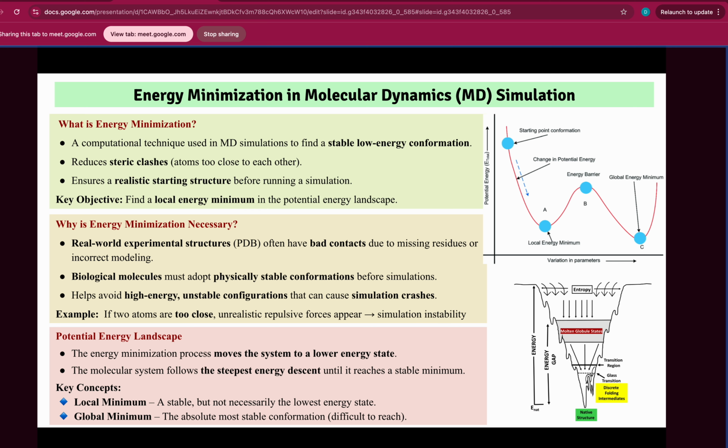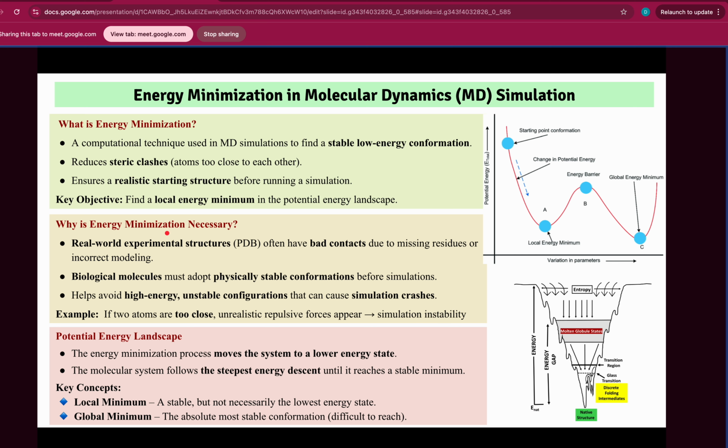It tells you about the energy of your system or your protein. In the potential energy landscape, you will see where my protein is currently present. Either it is in a high energy state, so we minimize the energy, and we see what my extreme energy point is, which is the lowest energy point. From there I can stop energy minimization and proceed with the simulations.